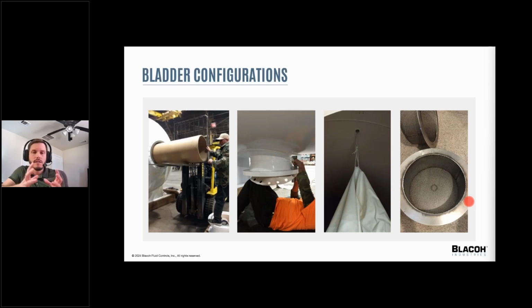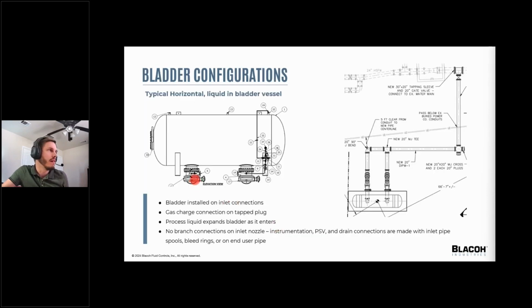With these bladders, they like to open up like Chris said, they're like a balloon. So they need to be carefully cradled in all of the surface that they want to open up to. So we install these inlet screens on that inlet nozzle.